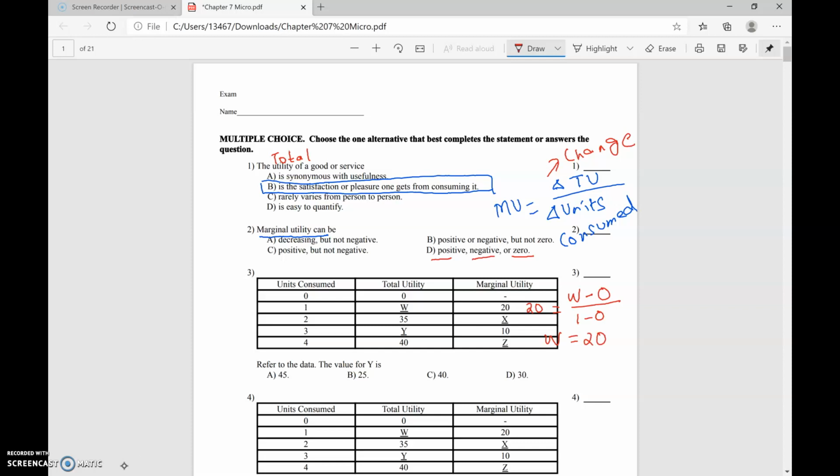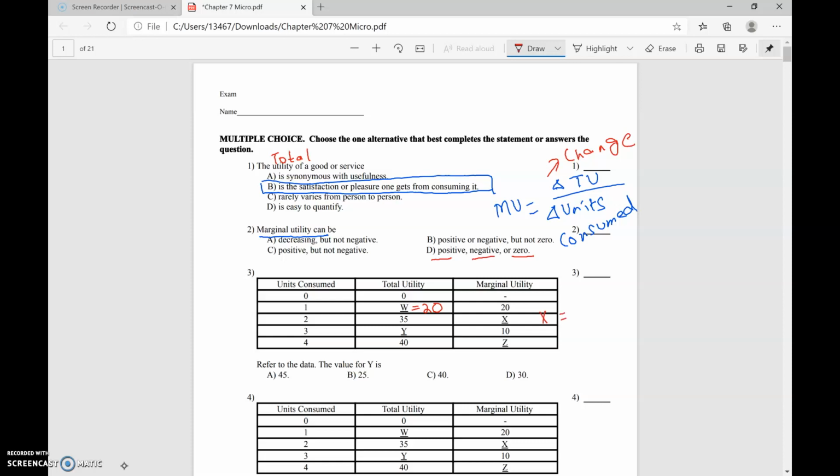The denominator is 1, so just focus on the numerator in this problem. So I can just go ahead and write here this W is equal to 20.